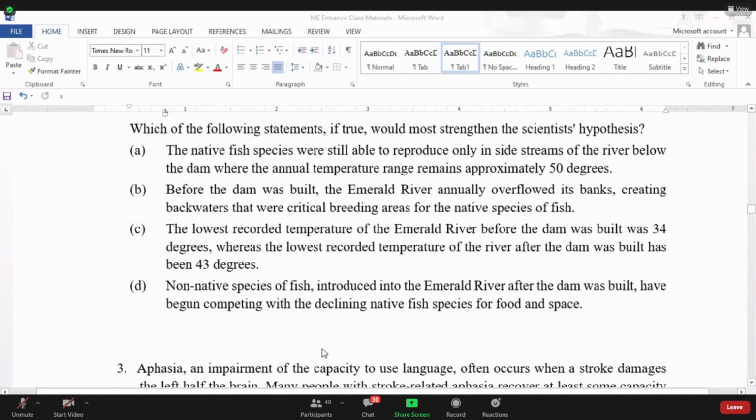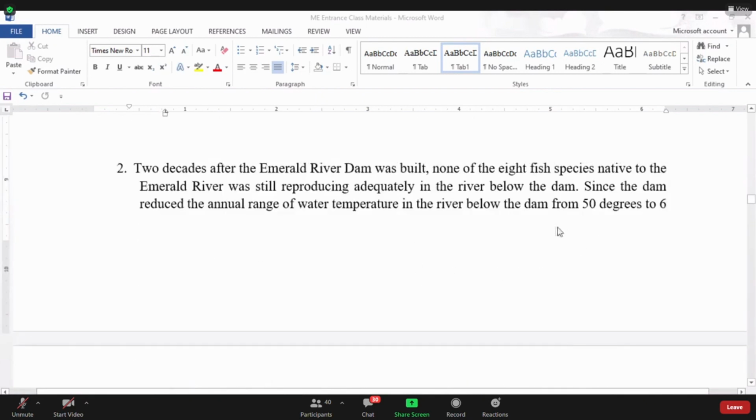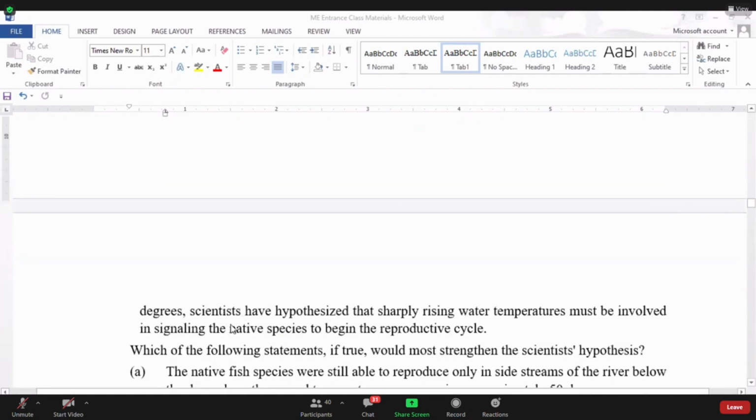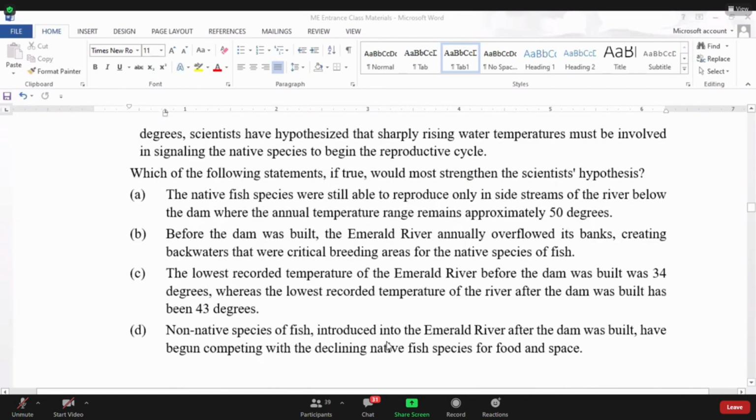Below the dam, from 50 degrees to 6 degrees, in the passage. Yes, sir.